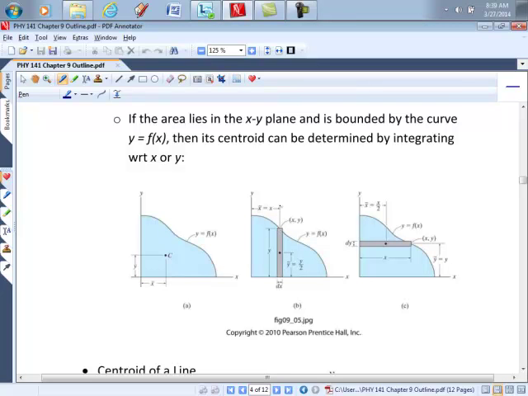So its center is at its location, which is x. The y centroid does have dimension, so it's going to be at y over 2. When we integrate with respect to y, the y centroid of the differential area is just y, and the x centroid is x over 2, x being a function of y. Have to remember that.